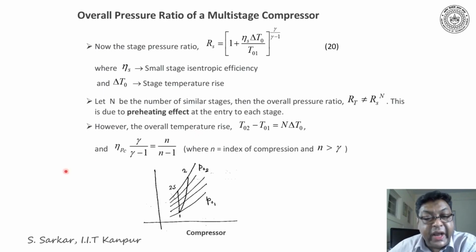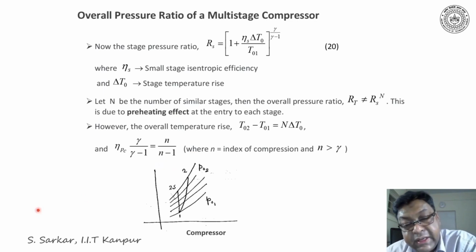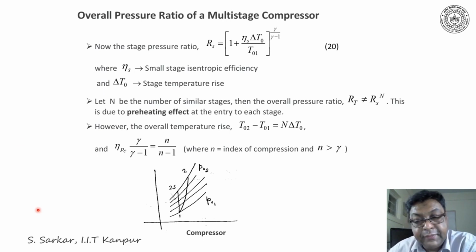And further I can write that eta Pc into gamma by gamma minus 1 is equal to N divided by N minus 1, where N is the polytropic index for the compression process. Here N would be greater than gamma.